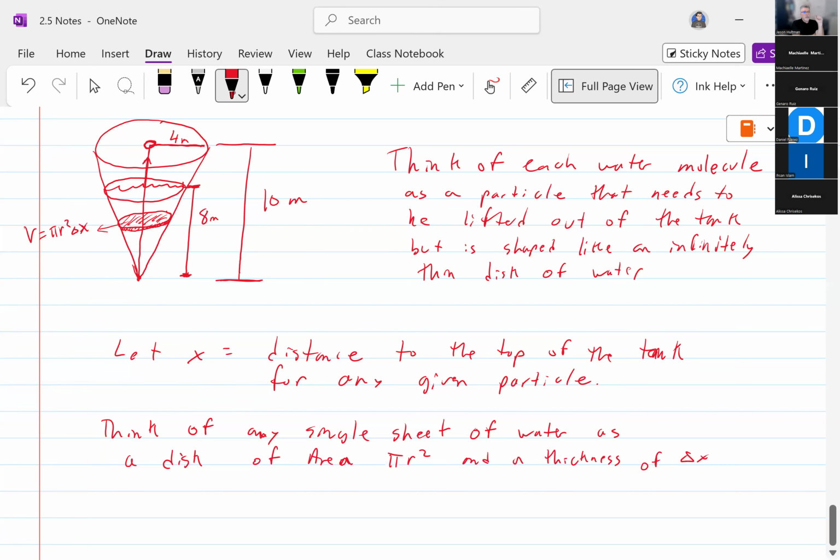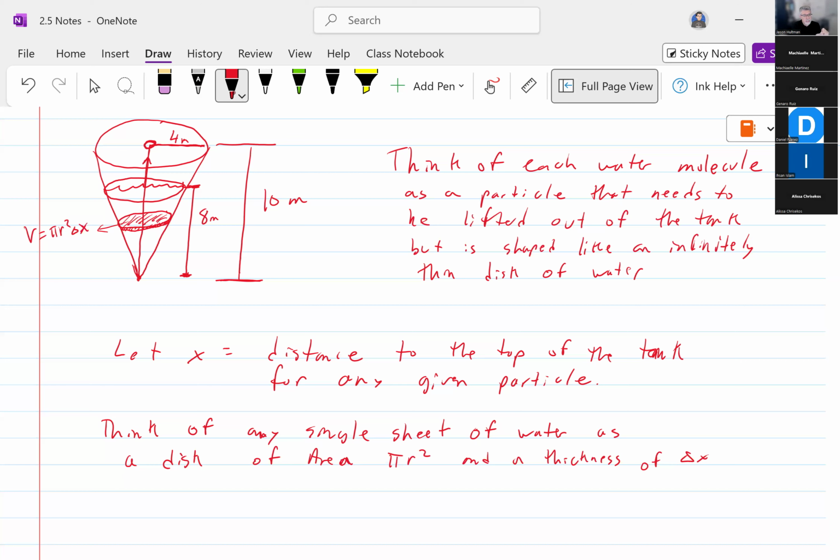Then we're going to sum up all of these values of x for our distance. We're going to have to eventually go from 2 to 10, because we're going to have discs that are 2 meters away from the spigot, and discs that are 10 meters away from the spigot at the very end.